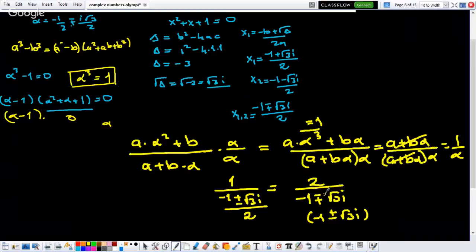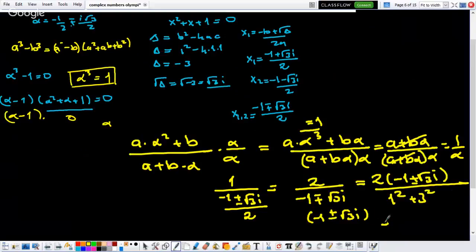By the conjugate, if you multiply, you will rationalize the denominator and write it in standard form, which is equal to 2 times minus 1 plus root 3i over, because when you multiply by the conjugates, it gives the modulus squared: 1 square plus root 3 square.